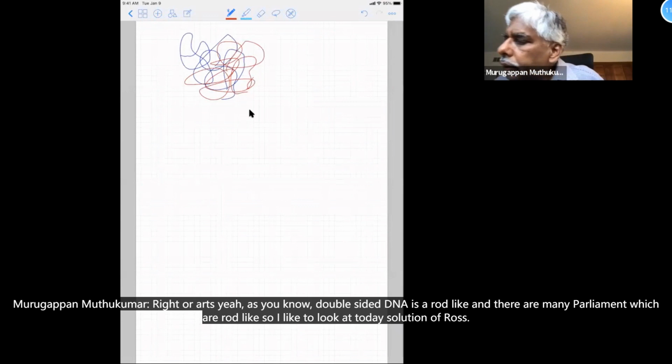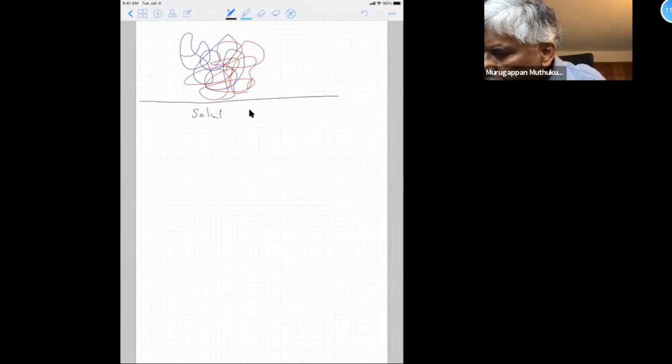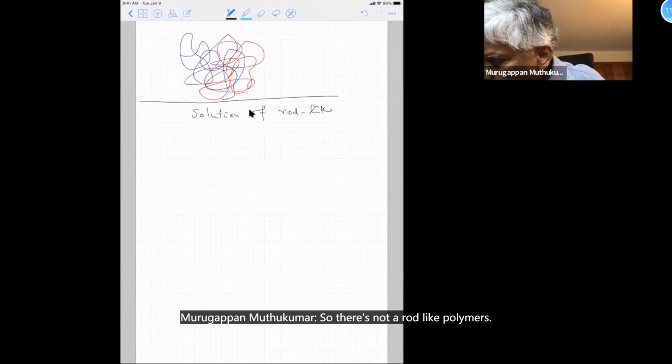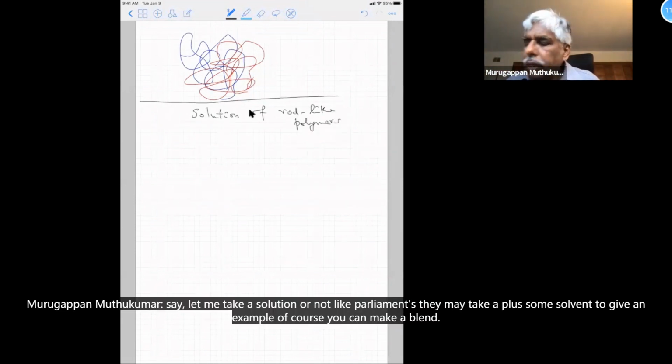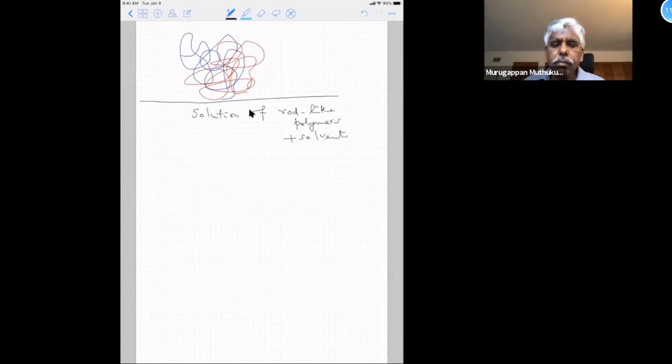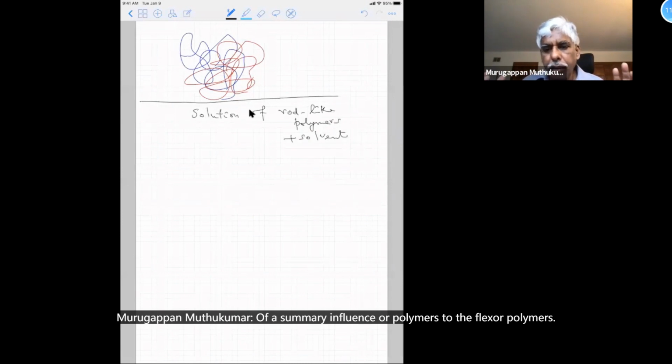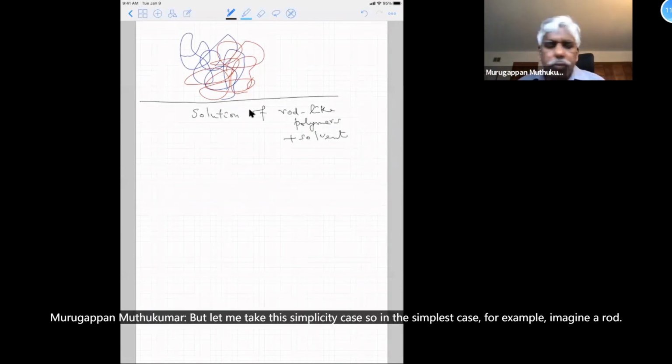So I'd like to look today at a solution of rod-like polymers. Let me take a solution of rod-like polymers plus some solvent to give an example. Of course, you can make a blend of semi-flexible polymers with flexible polymers. But let me take this simplistic case.